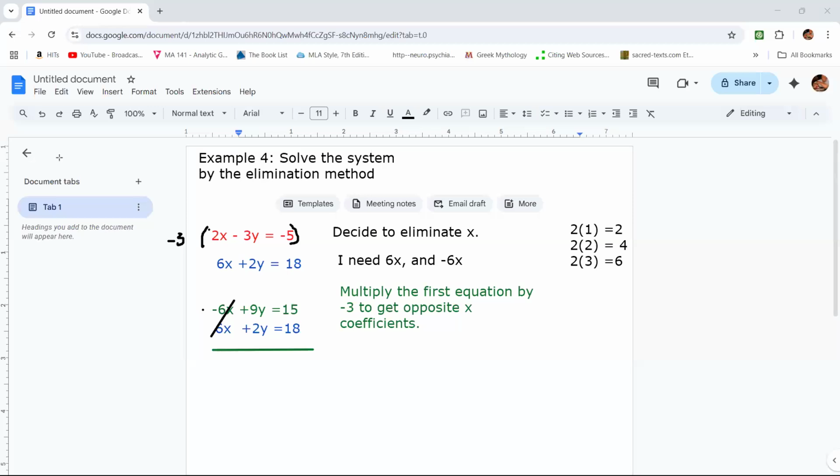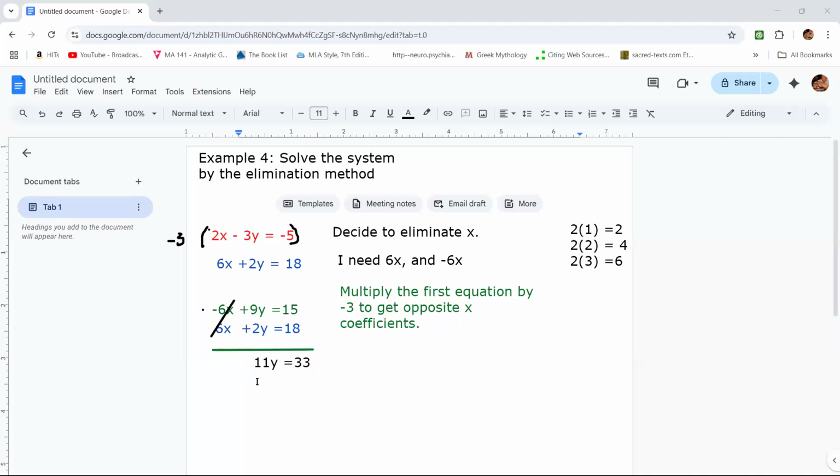So I have 11y equals 15 plus 18. 5 plus 8 is 13. Carry the 1, and I have 3. So this becomes 33.